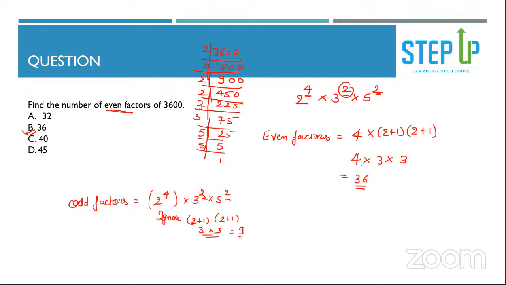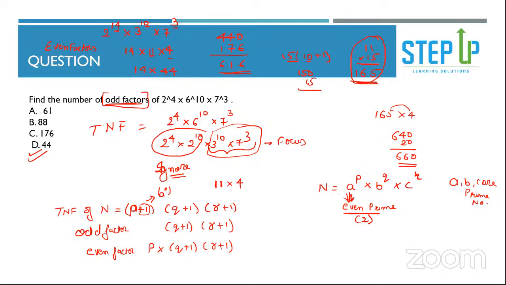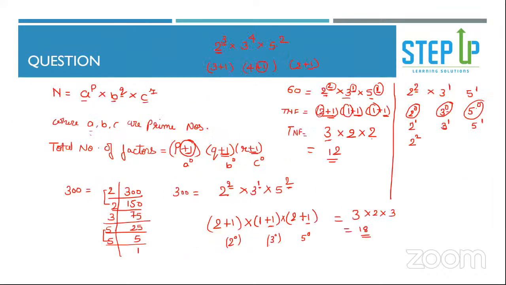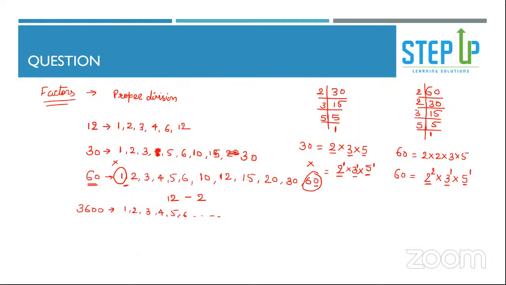Okay, so I hope you are good with this. Total number of factors, I'll just quickly tell you because it's so simple. When we talk about multiple of factors, you see what is happening. 6 into 10, 5 into 12, 4 into 15, 3 into 20 is 60, 20 into 30 is 60, and 1 into 60 is also 60.